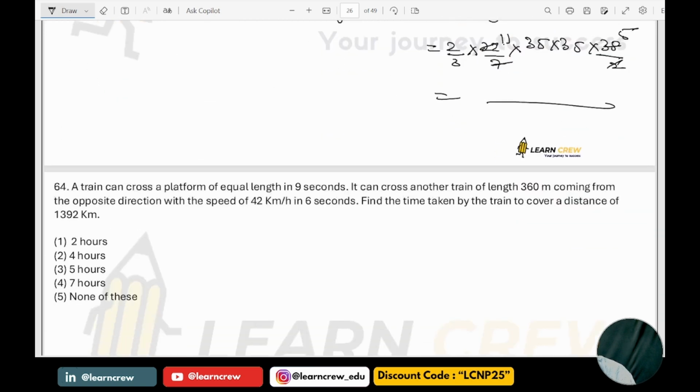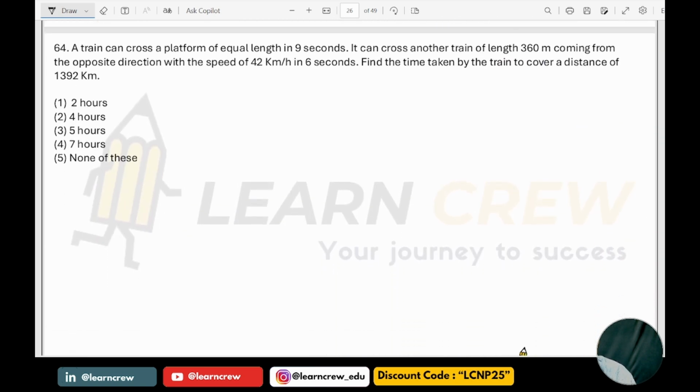Let's simplify. Next, 64. A train crosses a platform of equal length in 9 seconds. It can cross another train of length 360 meter, coming from the opposite direction with a speed of 42 km per hour, in 6 seconds.